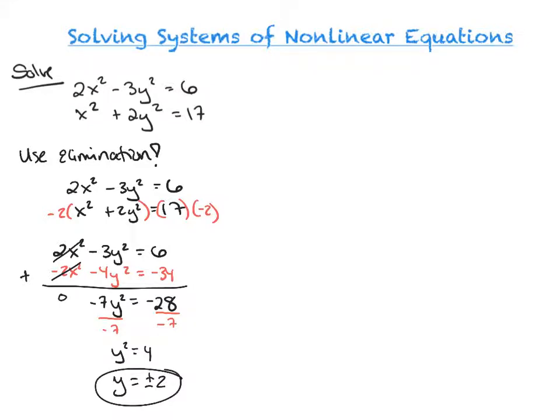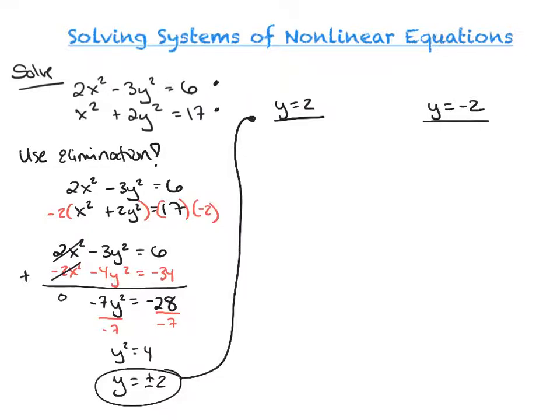Okay, we need to find the corresponding x's, so we have two different possibilities. We have y equals 2 and then y equals -2. So pick either equation. It doesn't matter whether you plug it into the top equation or the bottom equation. I'm going to choose the bottom equation just because it's easier numbers. x squared plus 2 times 2 squared equals 17 gives me x squared plus, let's see, 2 squared is 4 times 2 is 8.